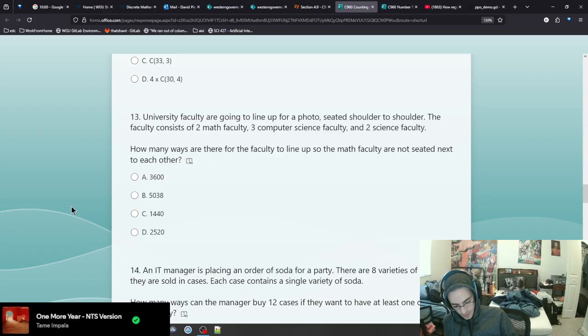Is that what I'm doing? 7 permutation 2. I'm gonna have to trust it, because if I ended up with 30 doing this weird calculation, this has to be right. So it's 30 then.